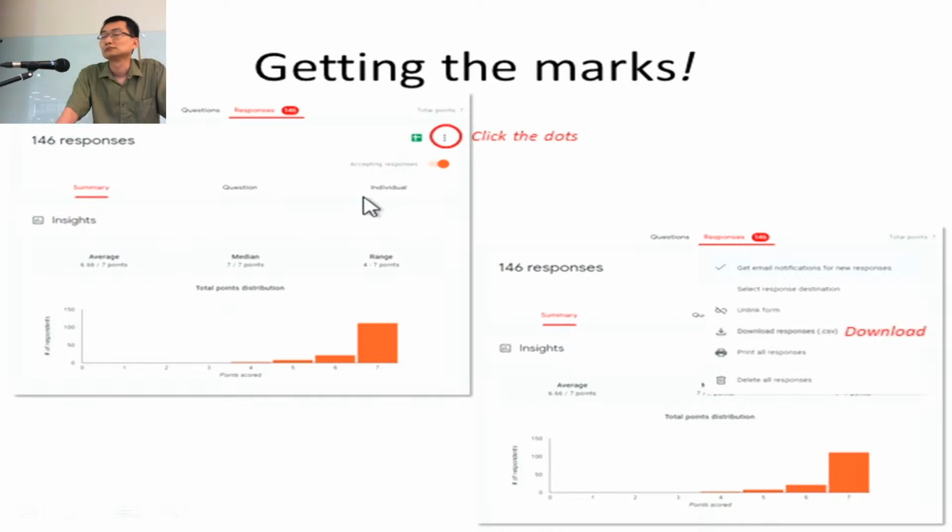Just open a Google Sheet and name it according to your course name. So instead of choosing download responses, you choose this one, select response destination, and then you name the Excel sheet or Google Sheet that you have named as the destination for all the forms.